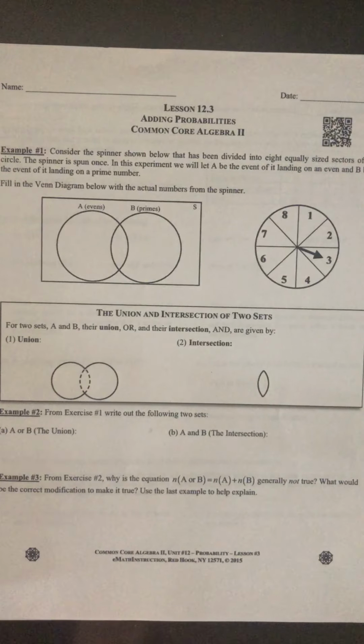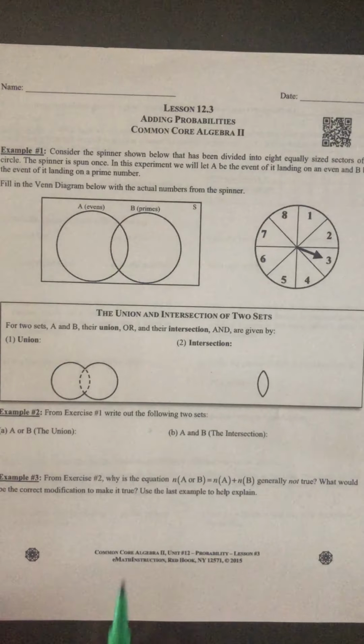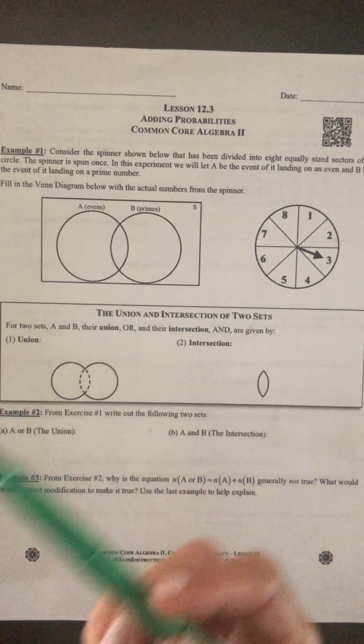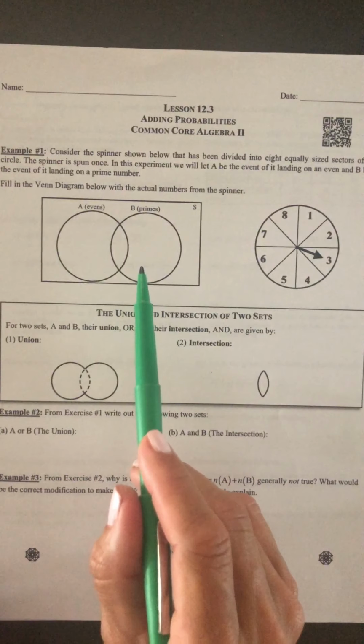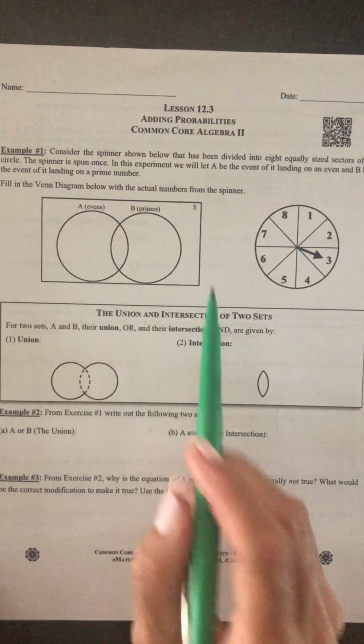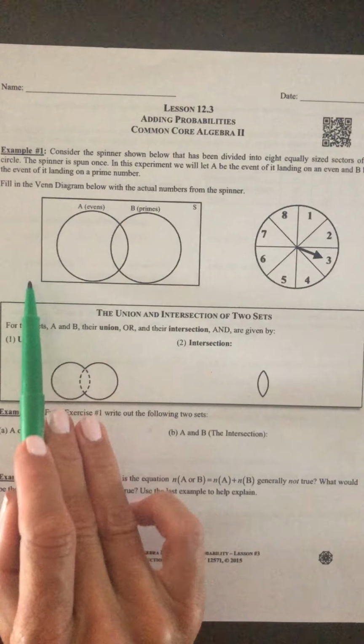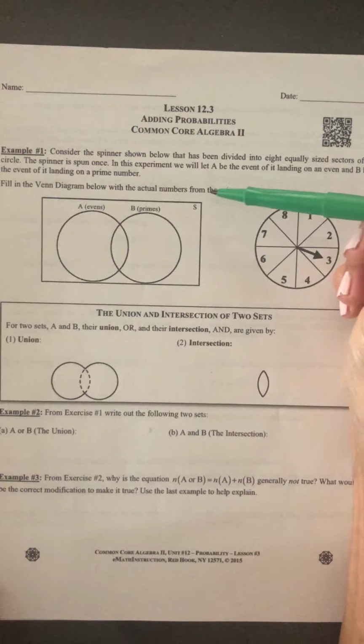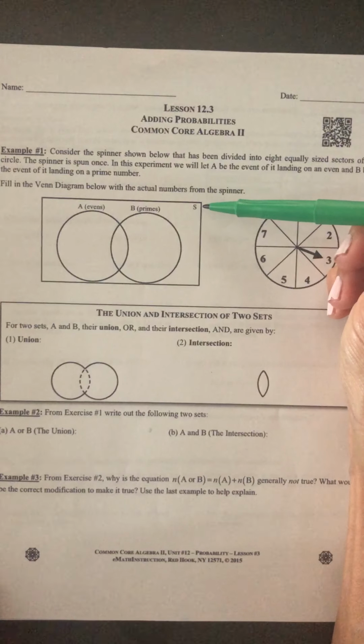So what we're going to do is set up a Venn diagram. For those of you that don't remember, a Venn diagram usually has 2 circles that intersect. There's a big box around it. The reason you have a box around it is because the box represents the sample set, all your possible options.